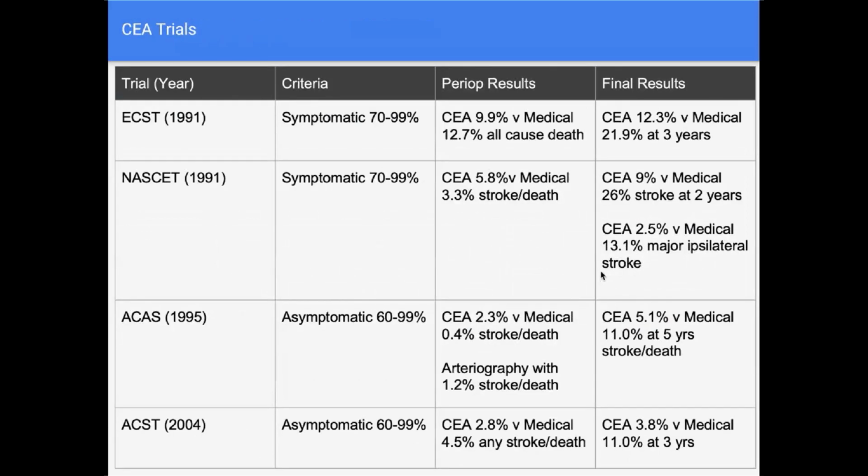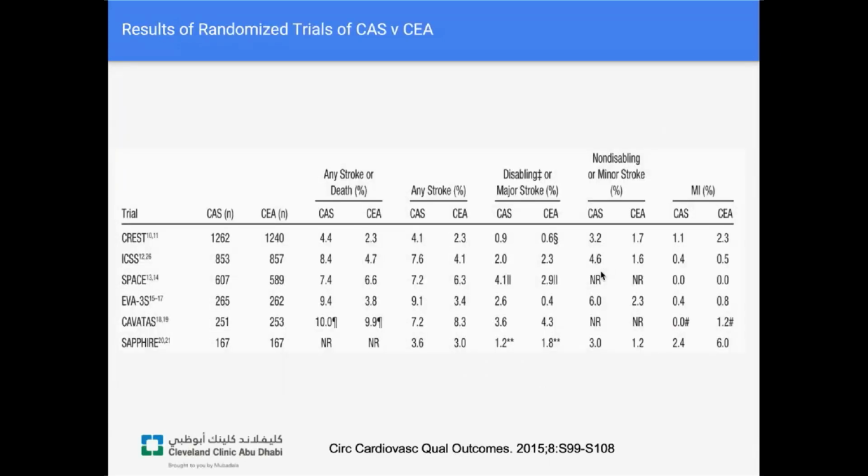Then, as carotid angioplasty and stenting became available, there was a great deal of excitement as to whether it would supplant carotid endarterectomy. It created a great deal of friction between the interventionalists and the surgeons.